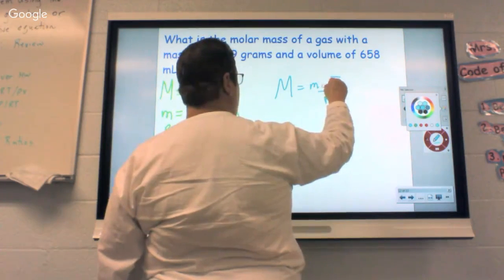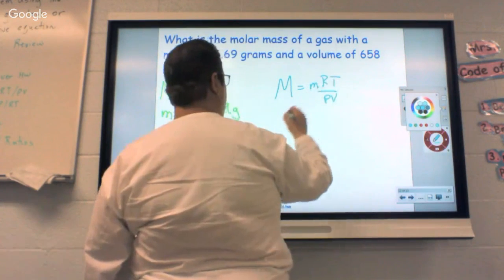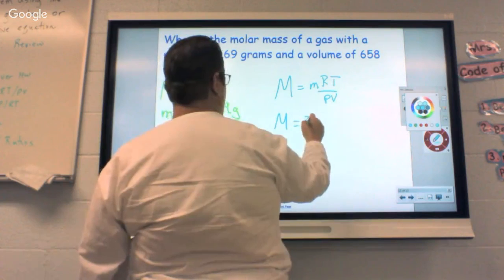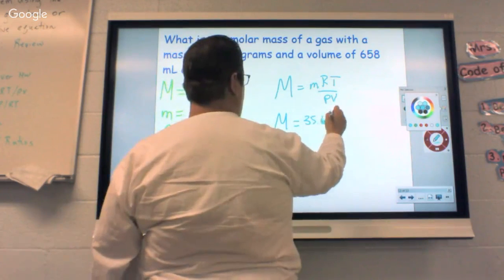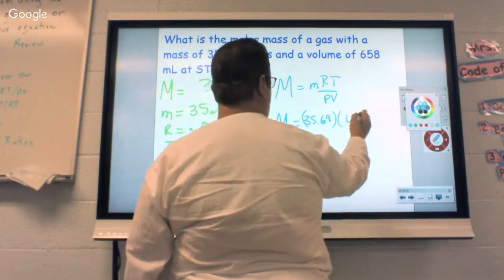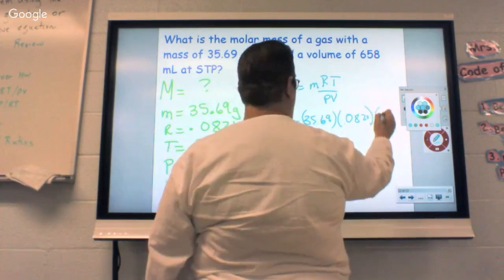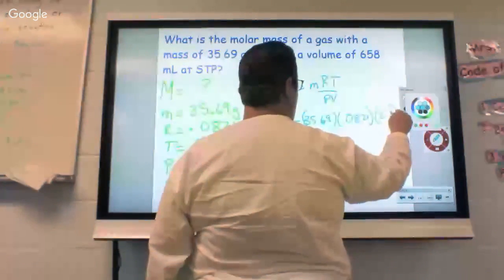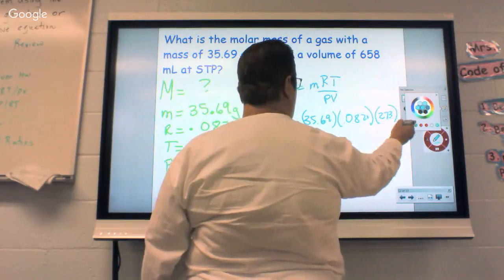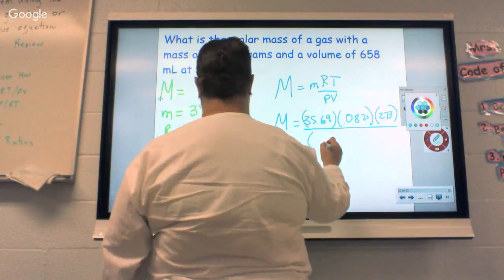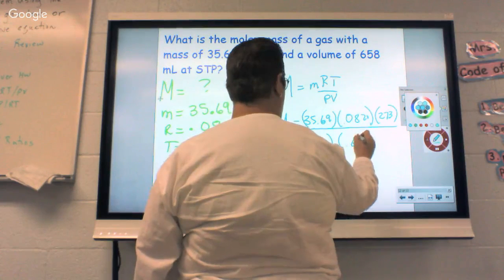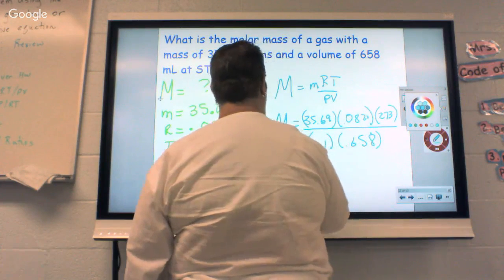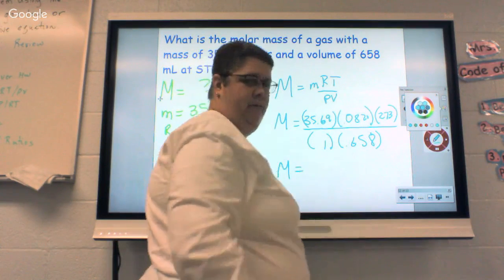All right, so plugging in 35.69, 0.0821, 373, then 1 and 0.658. This number, if I remember right from this morning, was real bad.